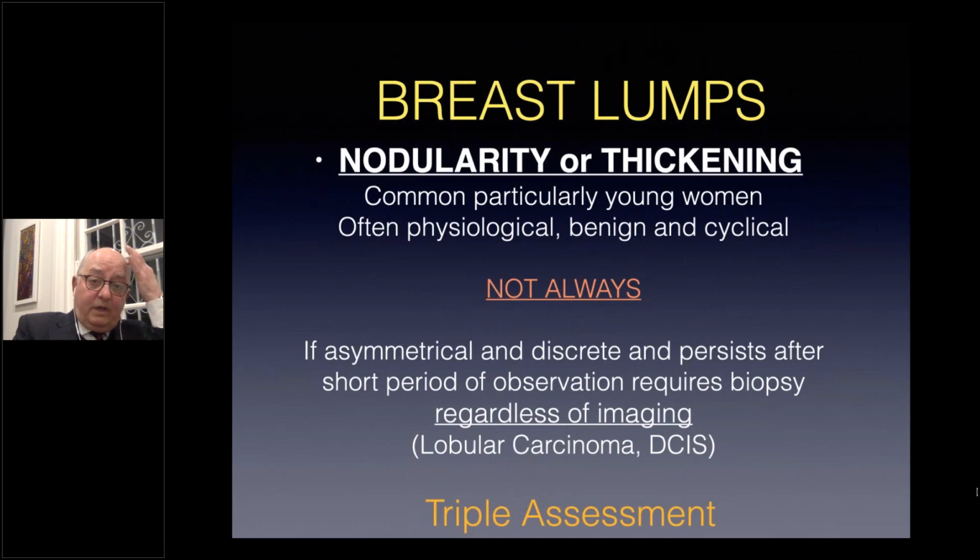Now, you might want to go to things like MRIs, particularly if they've got very dense breasts and the mammography is not that useful, you may use an MRI or contrast mammography, but eventually you will still end up biopsying these people.